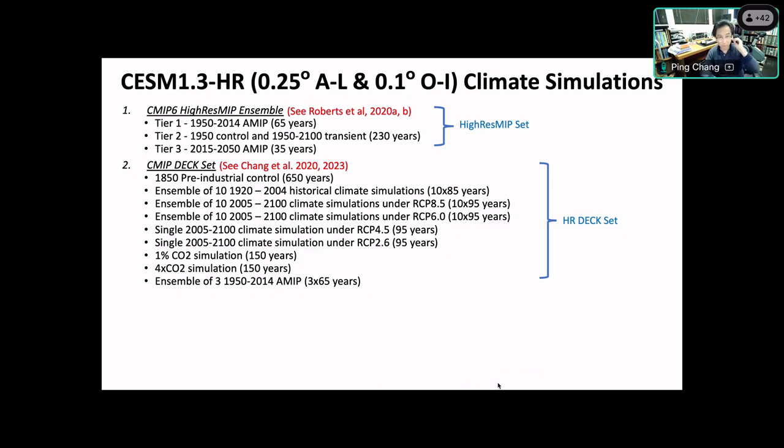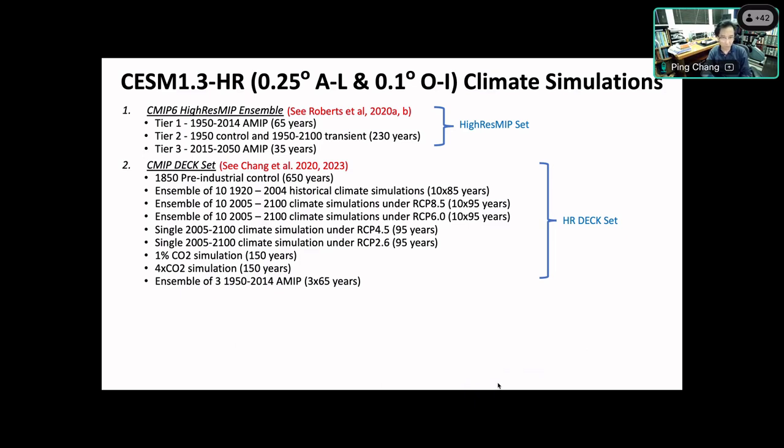Then we branched out from these runs. We did an ensemble of 10 historical climate simulations from 1920 to 2004. After that, we did future projections. We completed an ensemble of 10 for the 2005 to 2100 climate projection under RCP 8.5.